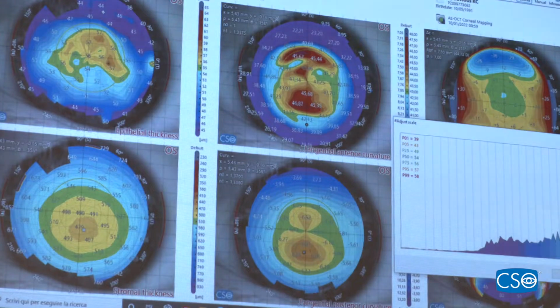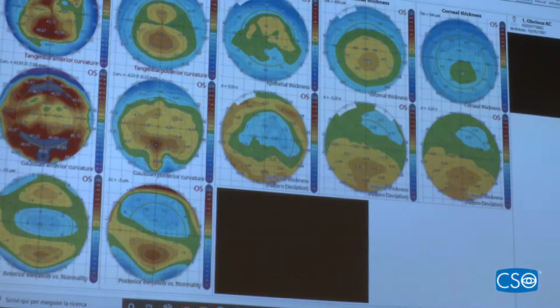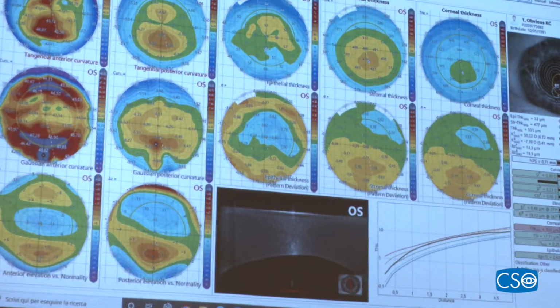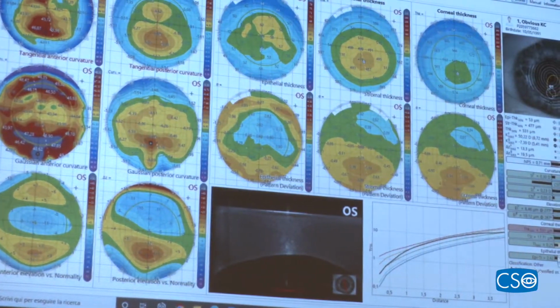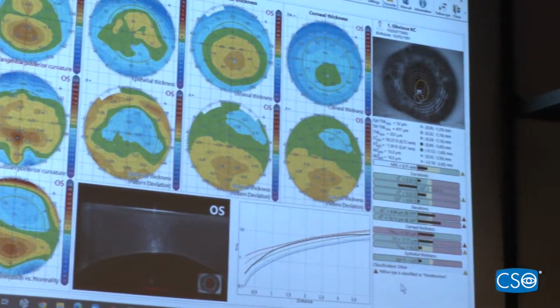So we now go to the keratoconus screening panel. Now, an extraordinary amount of expert work has gone into this panel. On the right-hand side, you have parameters that were derived by a lot of you in the audience here.